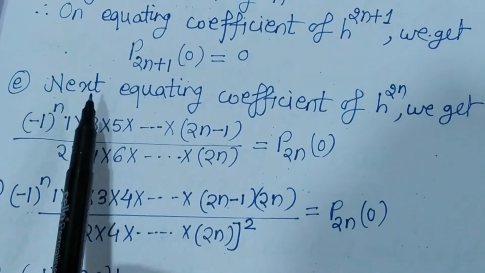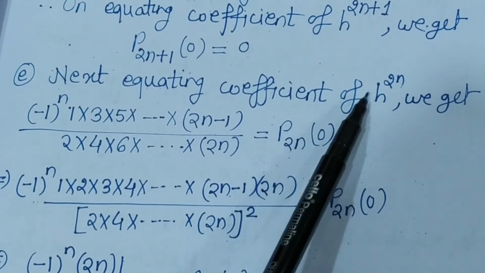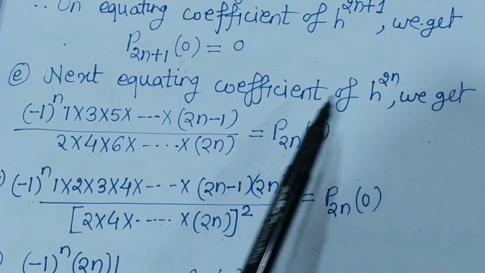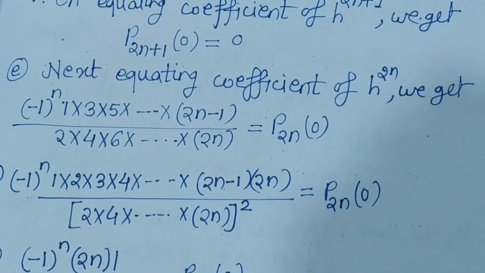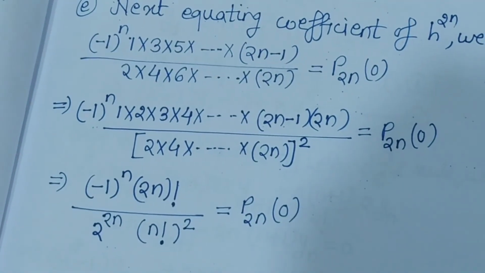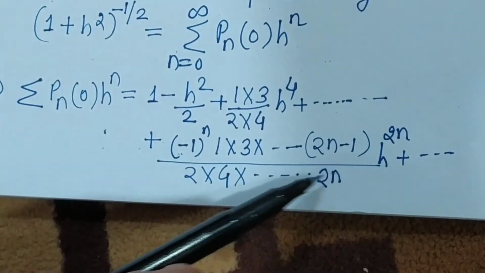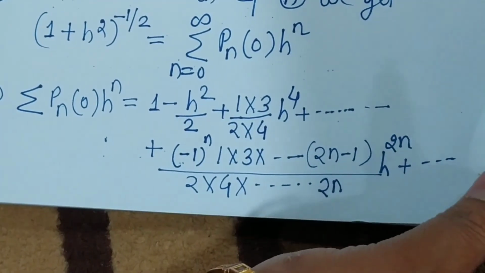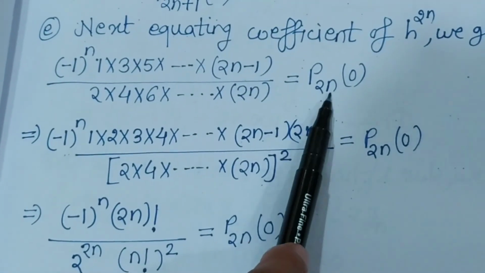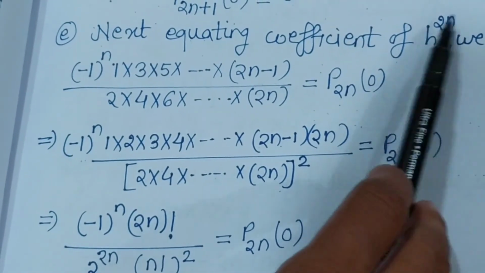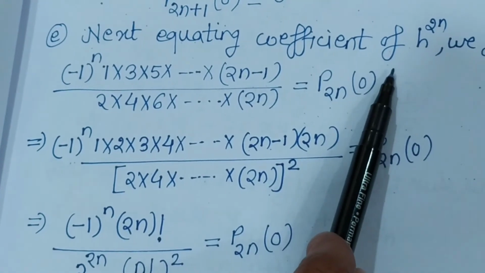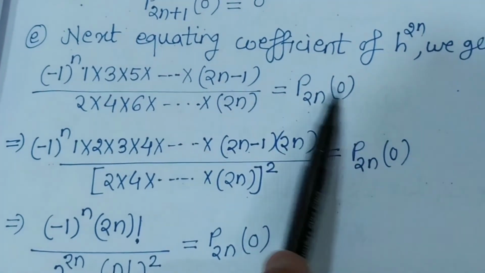Now next, equating the coefficient of h to the power 2n. So the coefficient of h to the power 2n is nothing but minus 1 raised to power n, 1 into 3 and so on. The coefficient of h to the power 2n on the left hand side is P2n of 0.